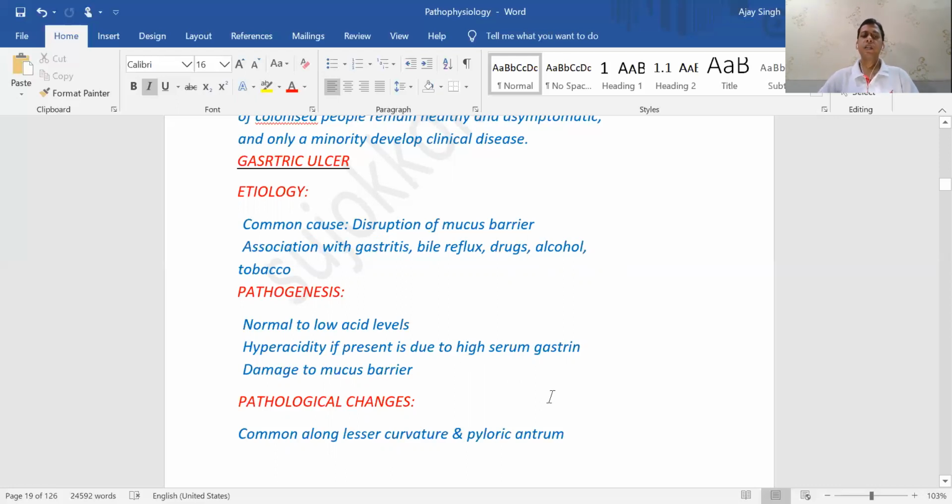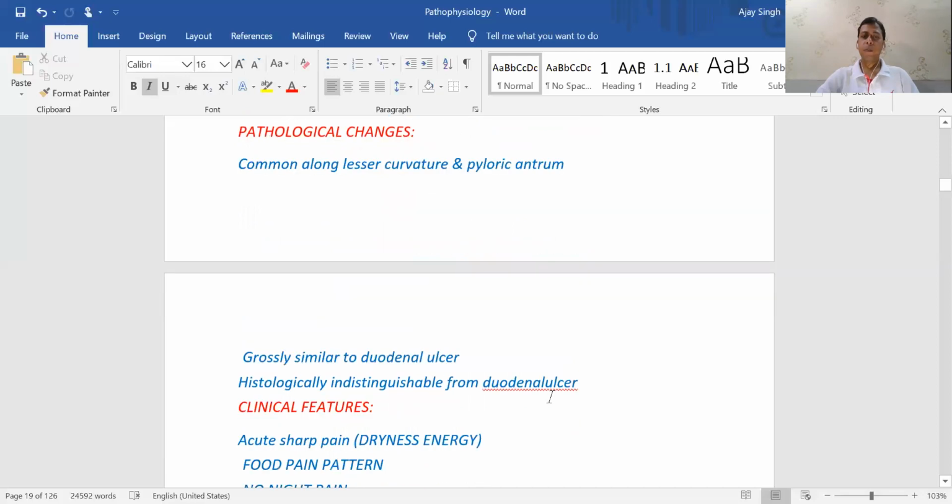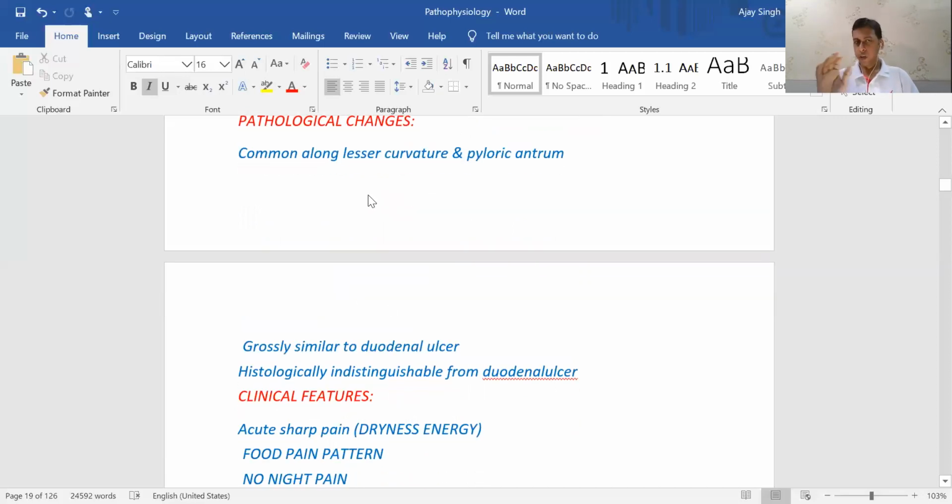And pathological changes are common along the lesser curvature or pyloric antrum. The lesser curvature is the homo area in the stomach. If you divide the stomach into the six key, then the pyloric part comes under coldness, whether it is progressive circulation or spin circulation, both ways, as we have discussed before. So mainly the ulcer will be found in the lesser curvature and pyloric part.